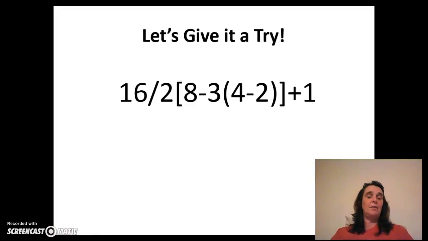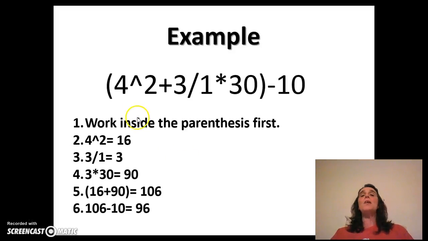For example, if we have an expression, or a formula, that is 4 to the second power plus 3 divided by 1 times 30 minus 10, what do we work on first, Ed?